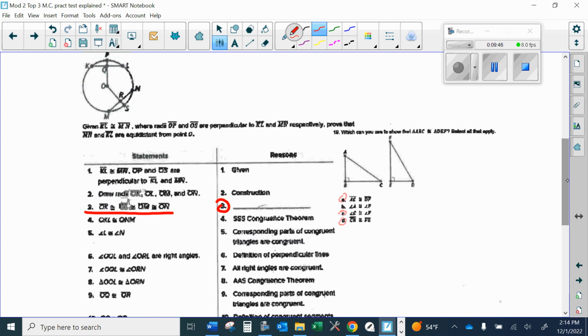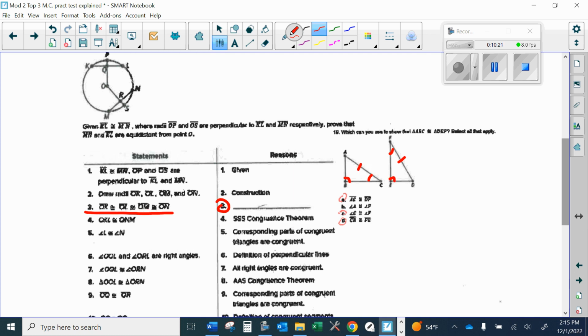All right, 19. Can you show that those two are congruent? Select all that apply. Which can you use to show? So we have to show that these are congruent. AC is congruent to DF. Angle C is congruent to angle F. Technically that would be enough right there because you already have that's perpendicular to that.